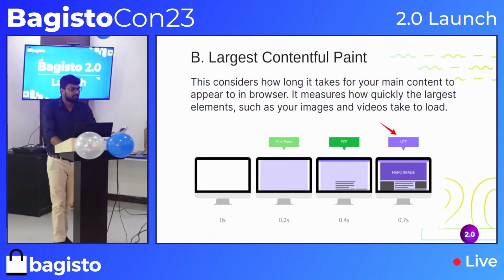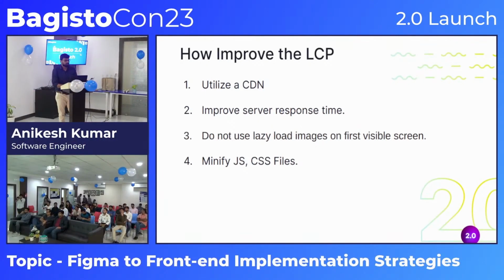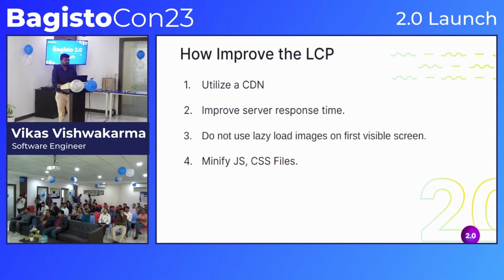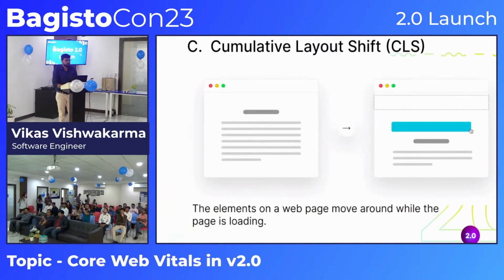If it takes much more time, then we need to improve with points like using a CDN link and improving server response time, like optimizing your code and building the best logic. Do not use lazy load images on the first visual screen. Also minimize the JS and CSS files. We are using Whitetech to minimize JS and CSS files in Bagisto 2.0.